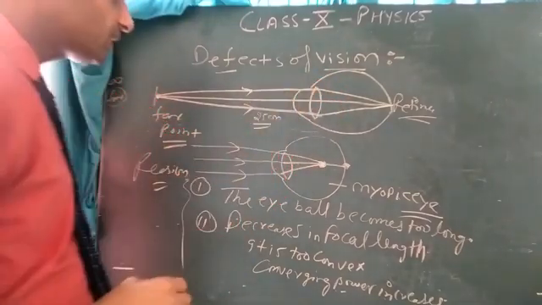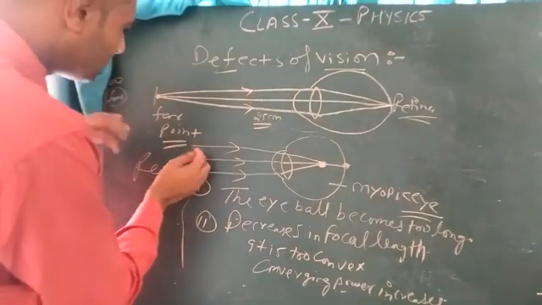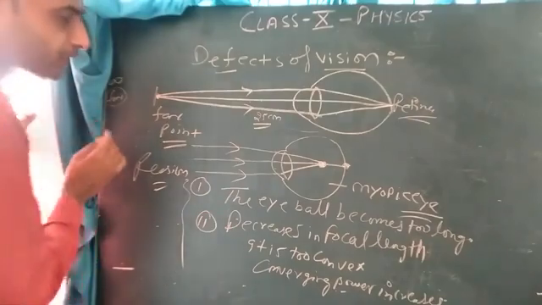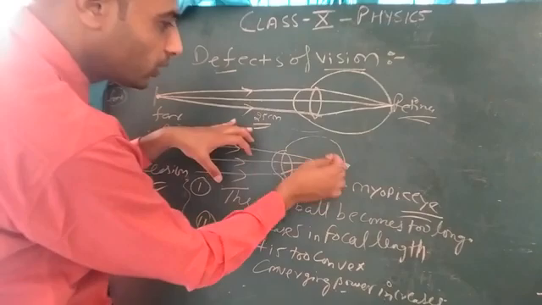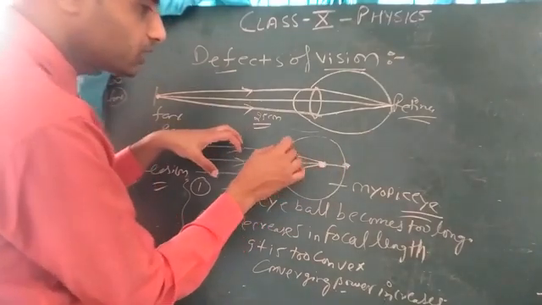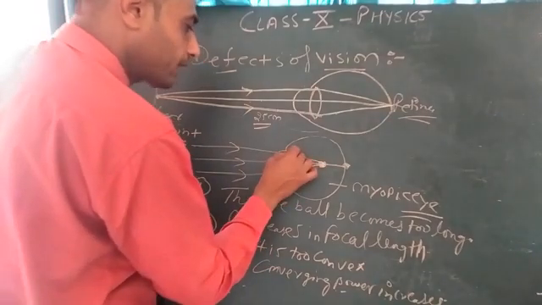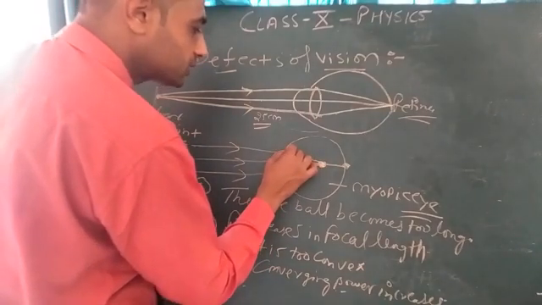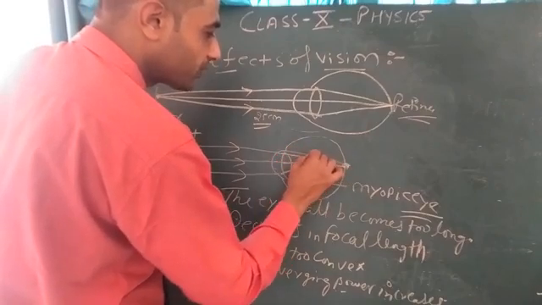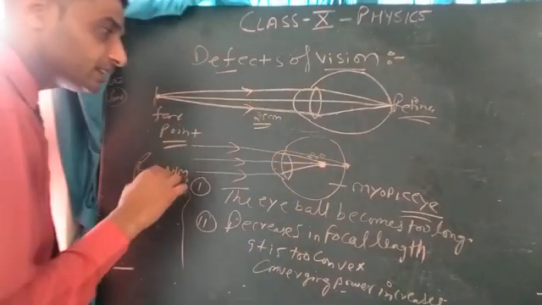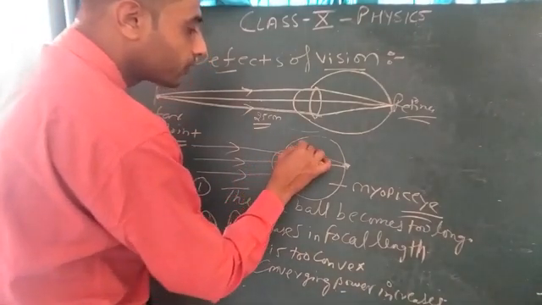So what is the reason? It means when objects are situated at infinity, this lens converges, the converging power increases. It means if this lens has to converge at 20 degrees, this lens starts to converge at 25 degrees.